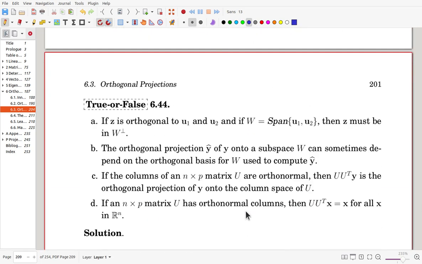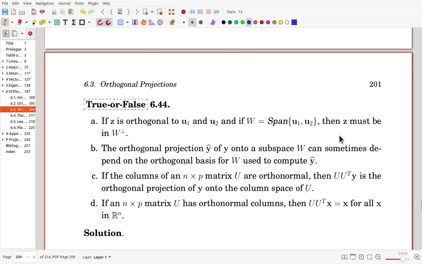Now we reach the true or false problems. If Z is orthogonal to U1 and U2, and if W is the span of U1 and U2, then Z must be in W perp. That means that Z must be orthogonal to every vector in W. Is it true? Yeah, it must be true.